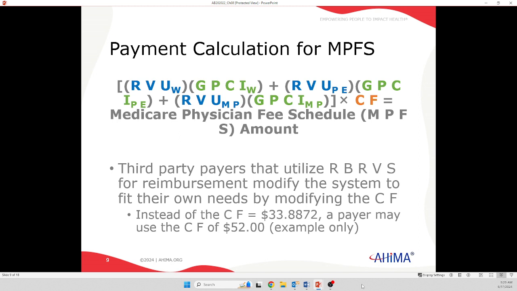If you look, table 8.2 on page 159 shows you an example of a full calculation using that formula, where it's showing that the patient has the work value, practice expense, malpractice multiplied by the GPCI.